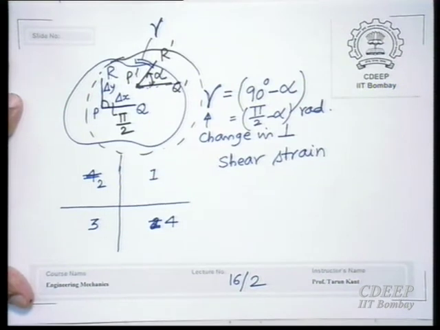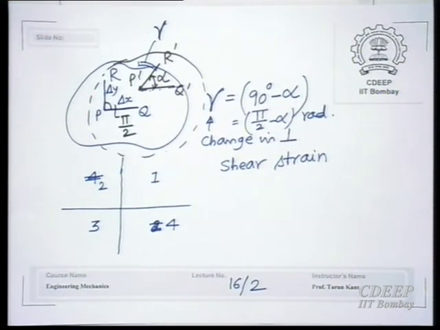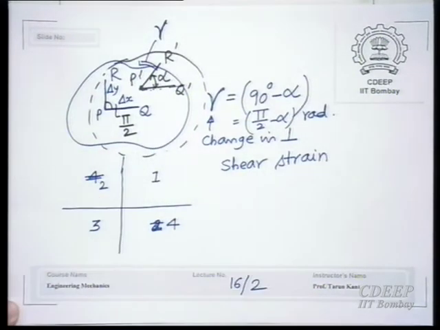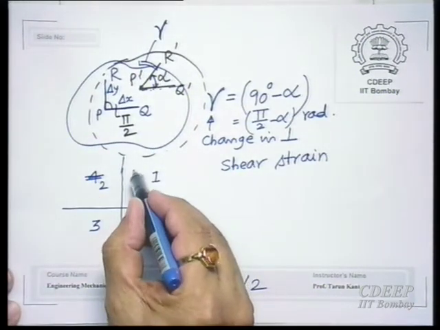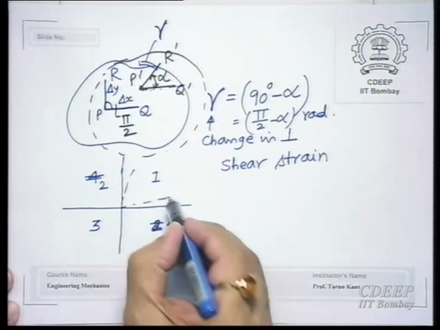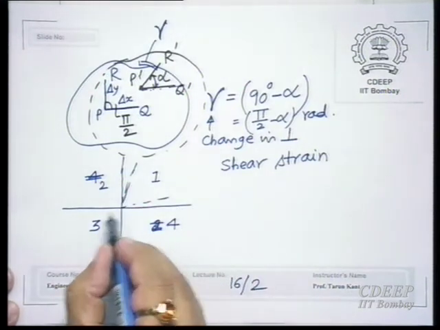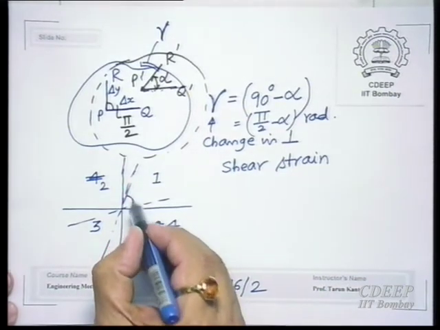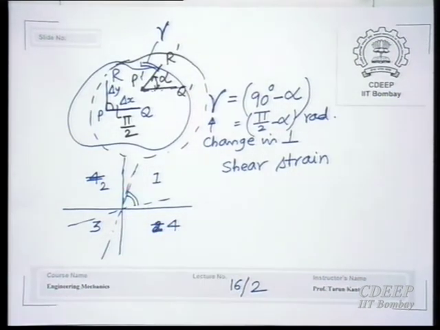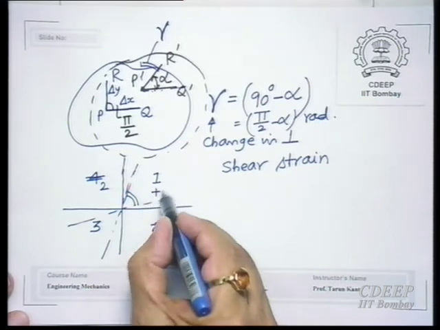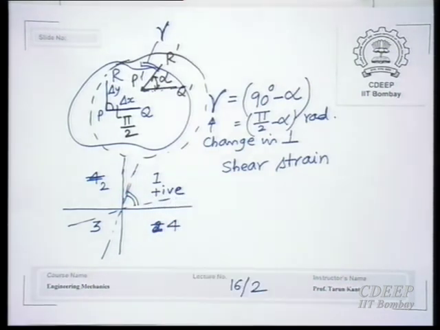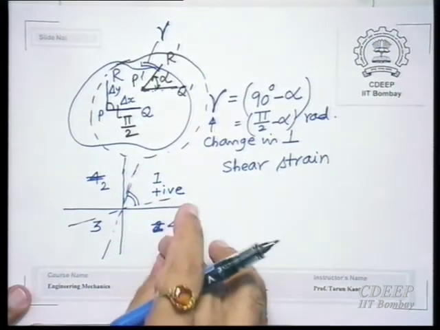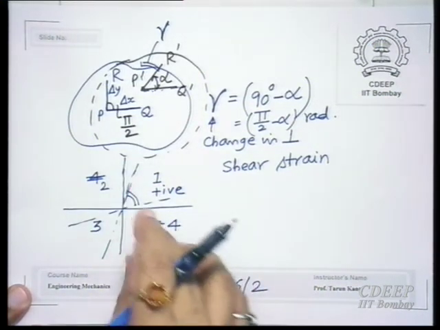Okay. So if in the first and third quadrant, your lines are at right angle to each other, and there is a change such that this angle becomes less than 90, then that we will call positive. And then if you are in second and fourth, what has happened?